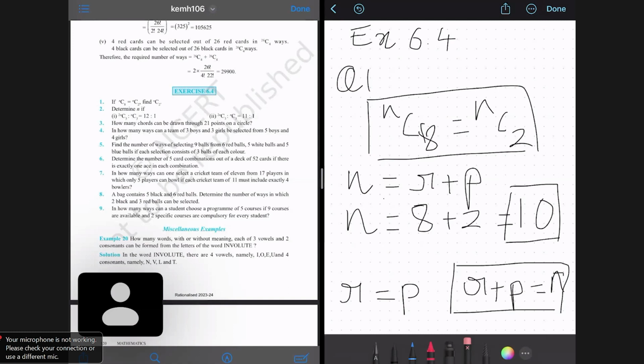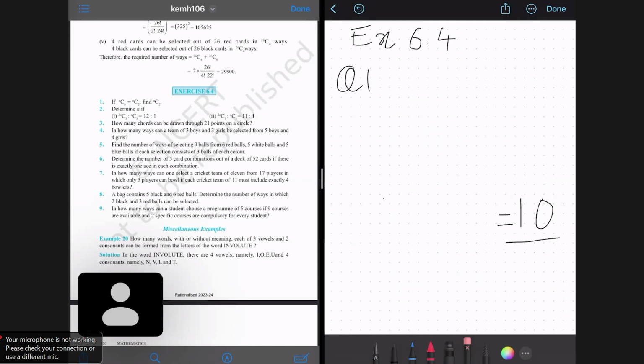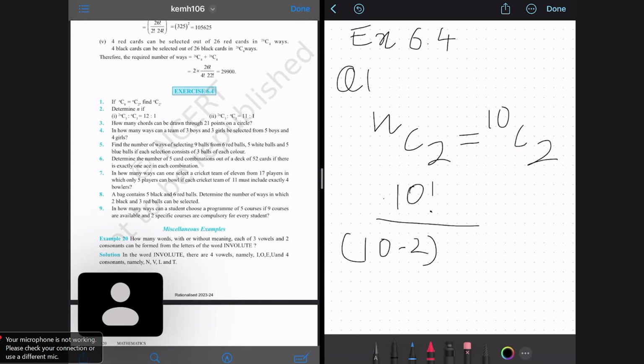The value of n is 10. So nC2 is nothing but 10C2, and 10C2 could be written as 10 factorial upon 10 minus 2 factorial into 2 factorial. This is nothing but the expansion of nCr, where nCr is equal to n factorial upon n minus r factorial into r factorial.